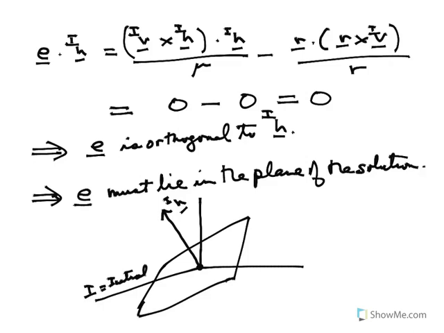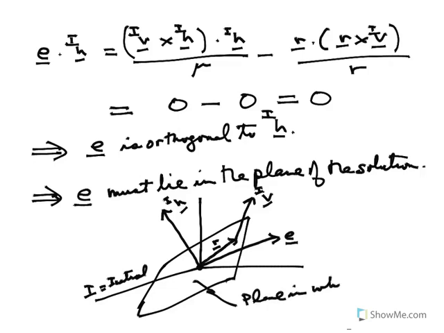Now the plane itself is one in which this vector E lies. So E lies in this plane, as does R and VI. So E, R, and VI all lie in the plane of the solution. This is the plane in which the solution lies.